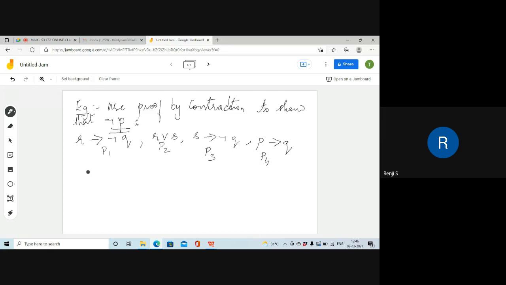Okay, can you apply the rule CP here? This is a conclusion. Is it possible to apply rule CP to this question? Can anyone answer? Isha, can you apply rule CP here?